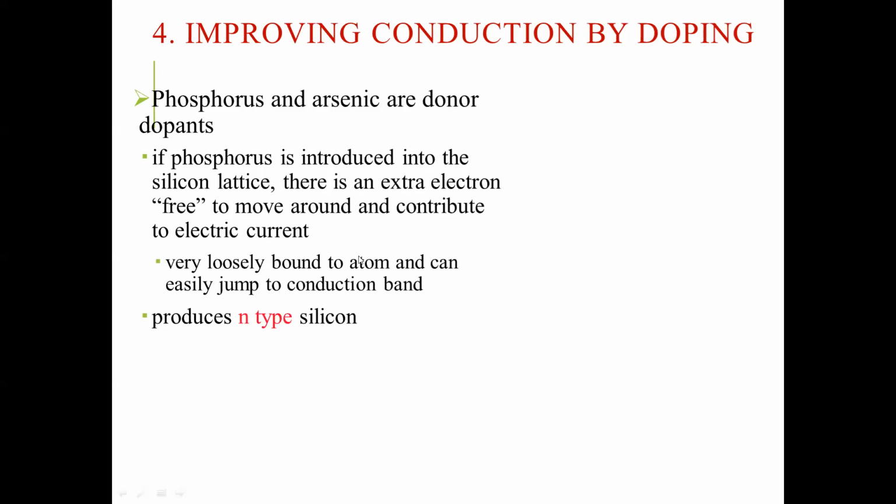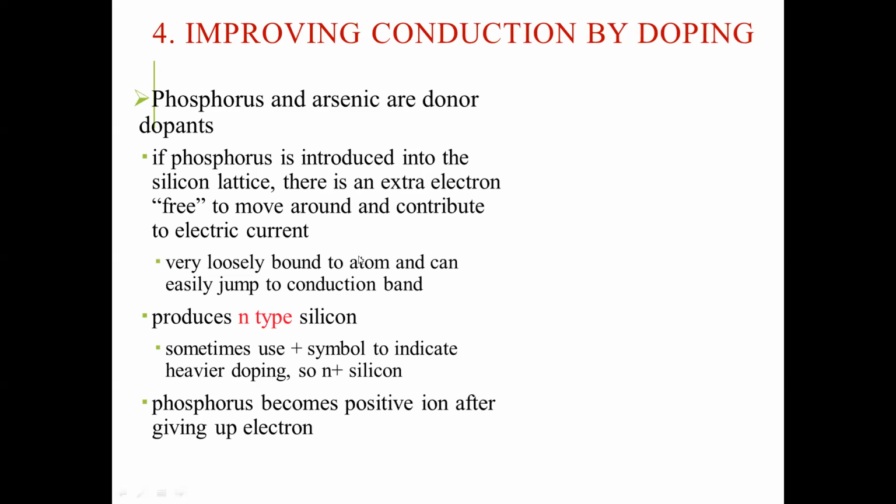That produces what we call an N-type silicon semiconductor material. N-type because it has an excess of electrons, which is an excess of negative charge. Sometimes we use the plus symbol to indicate heavier doping, so N plus silicon means a heavily doped silicon, right?